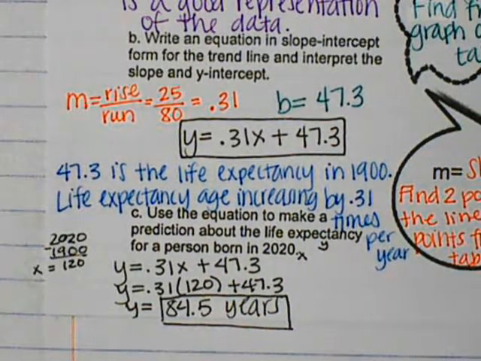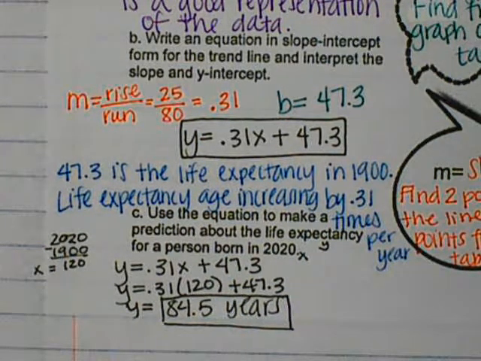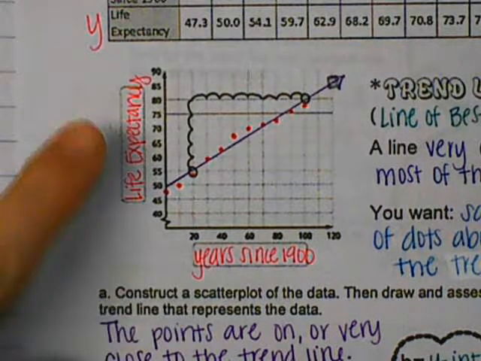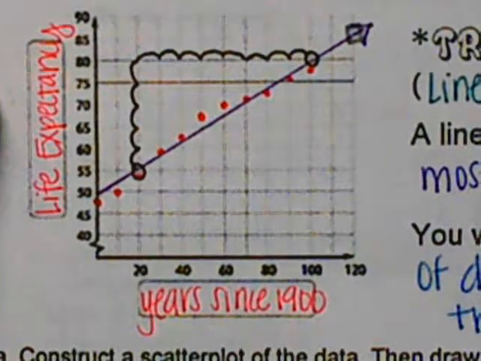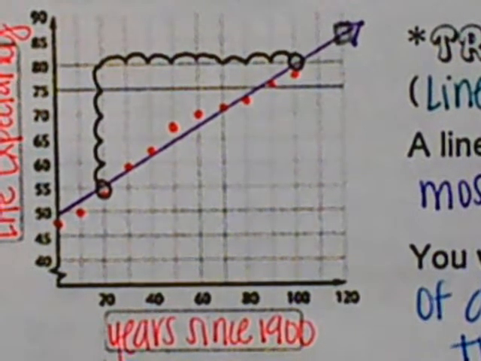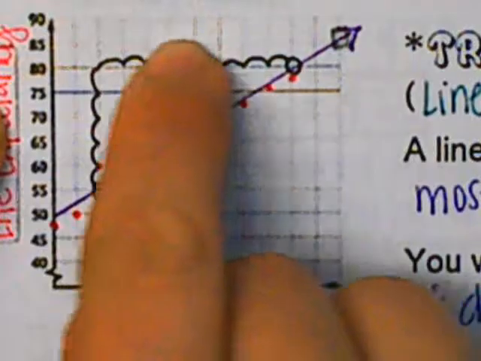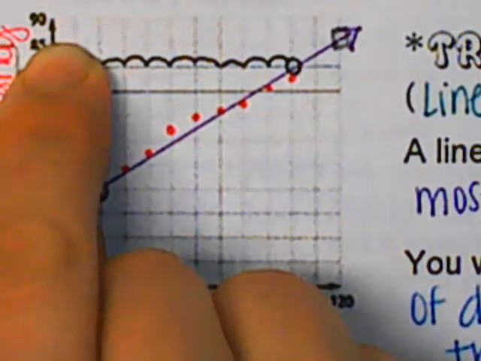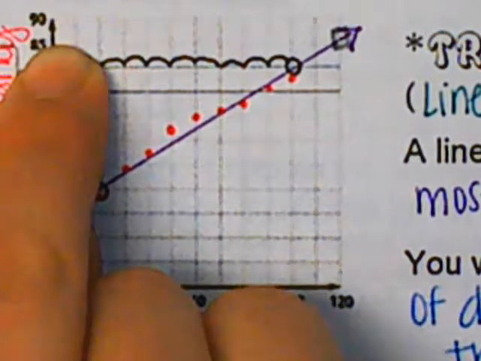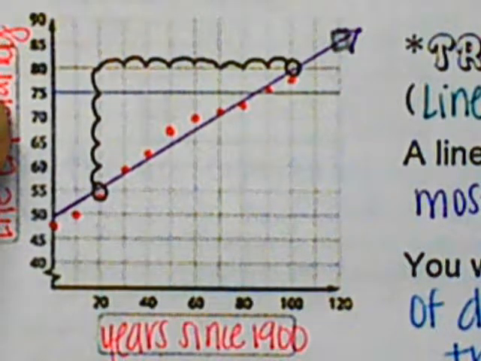If we used the graph, we would say, okay, well, at 120 years, my line is about at right above 85, so maybe 85, 86.